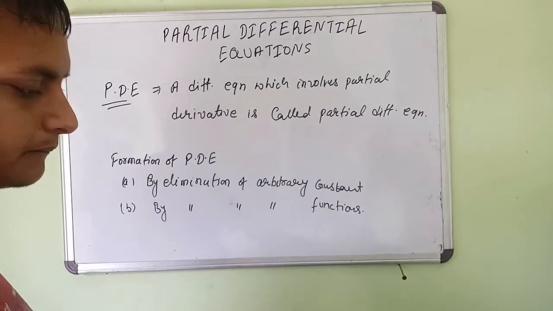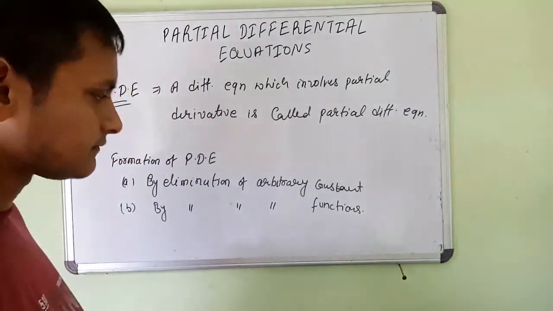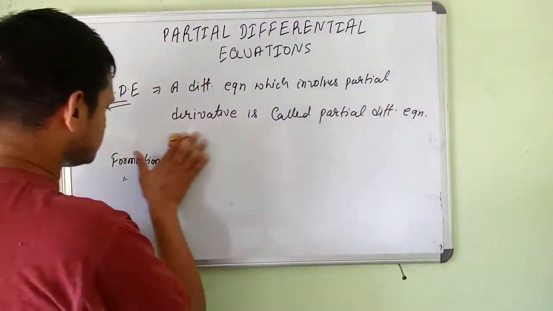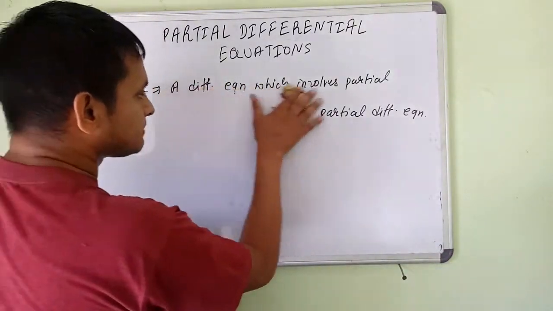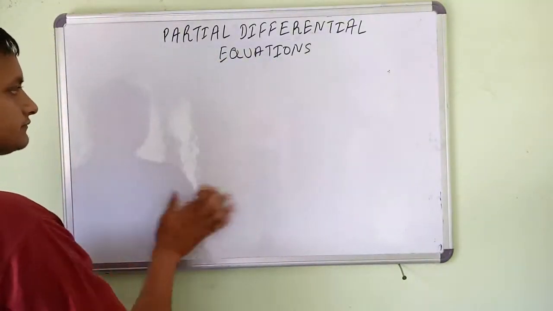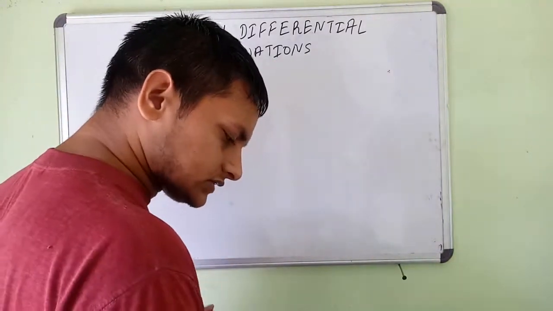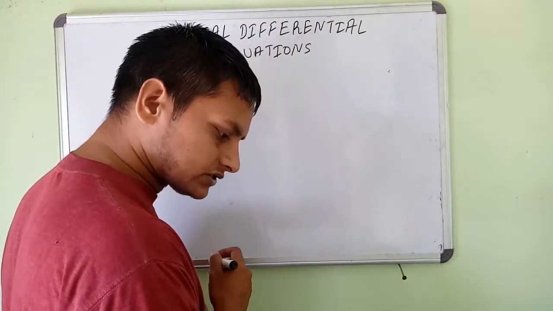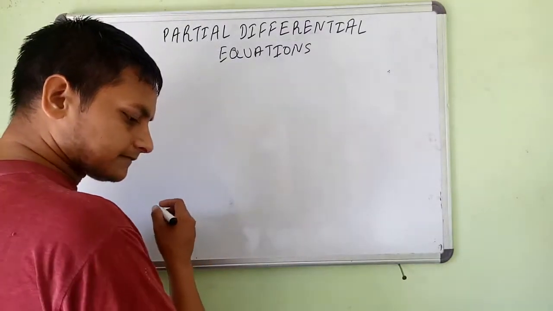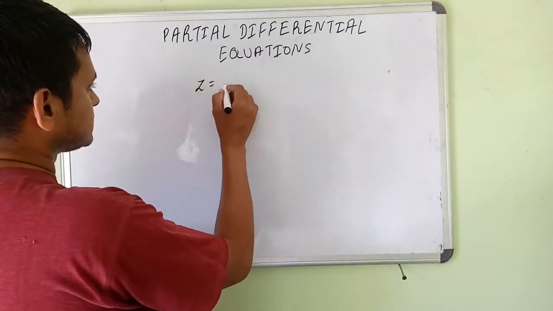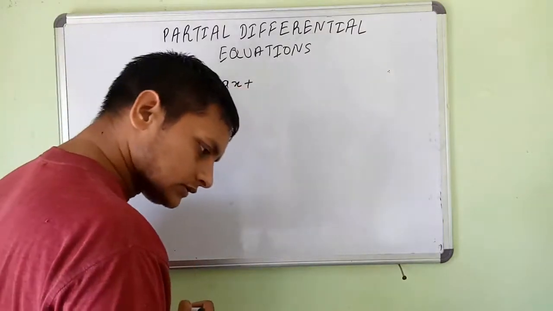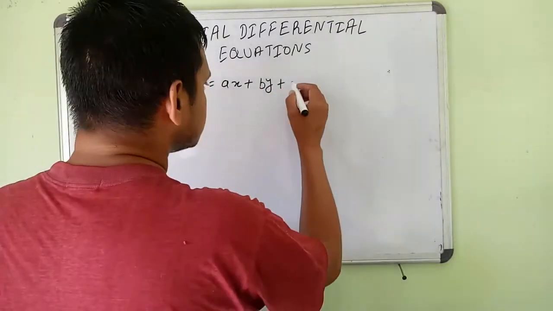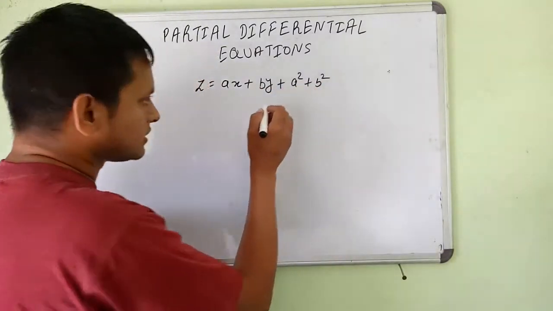So now let's take a first problem in which we will eliminate arbitrary constants and generate a partial differential equation. First problem is: form a partial differential equation by eliminating the arbitrary constants, z is equal to ax plus by plus a square plus b square.